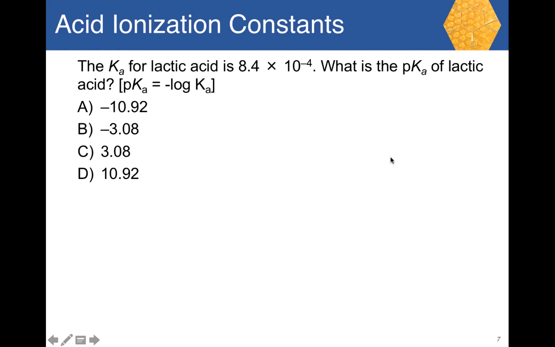Let us look at an example here. The Ka of lactic acid is this number. The question is, what is the pKa? So you'll have to get out your calculators here. Here's your conversion factor: pKa is equal to the negative log of Ka. So punch this number in, and take the negative log of it, and the negative of the log will be the pKa.